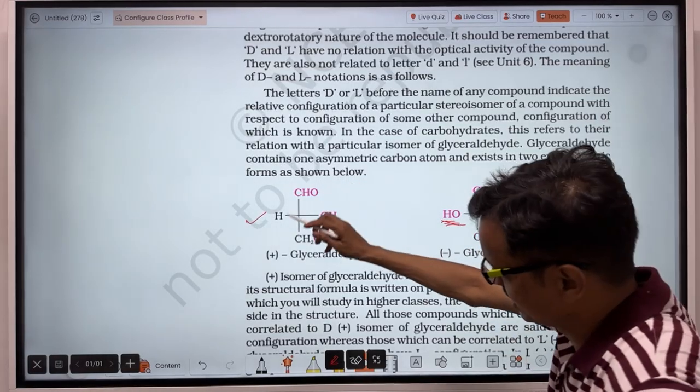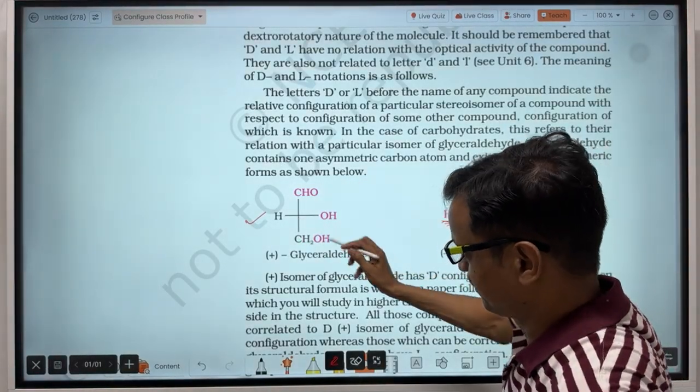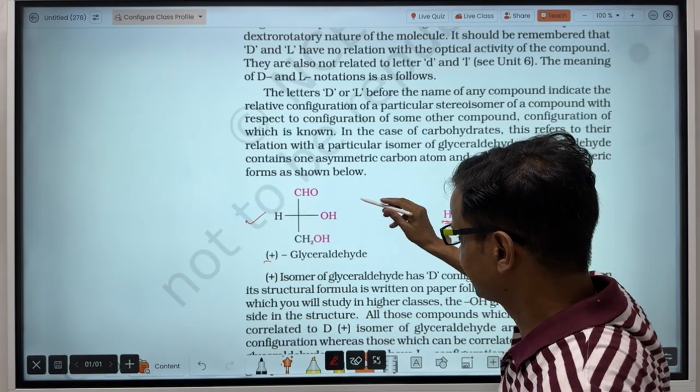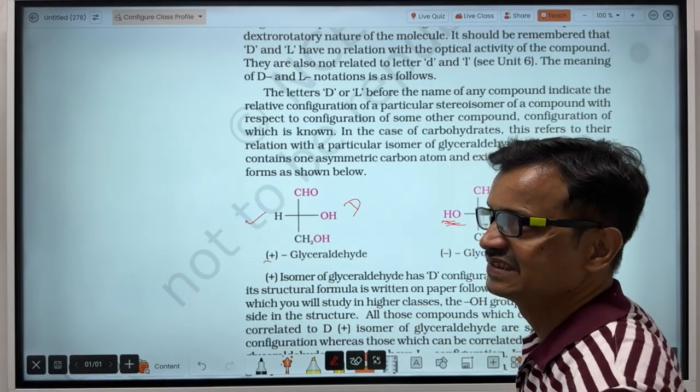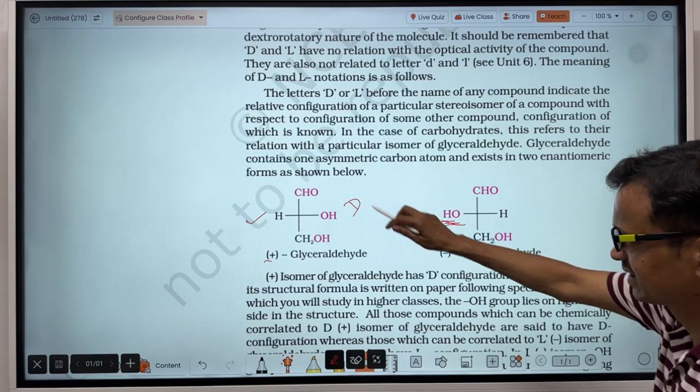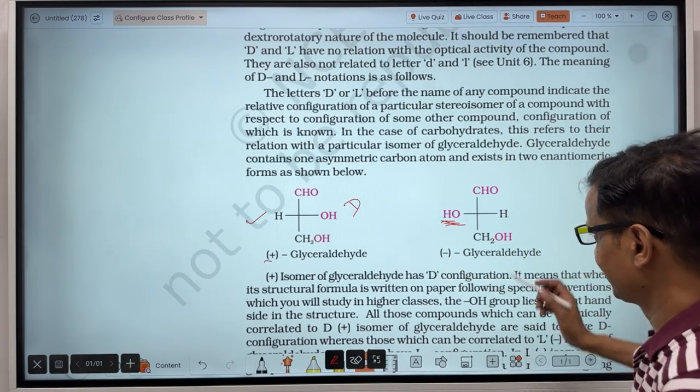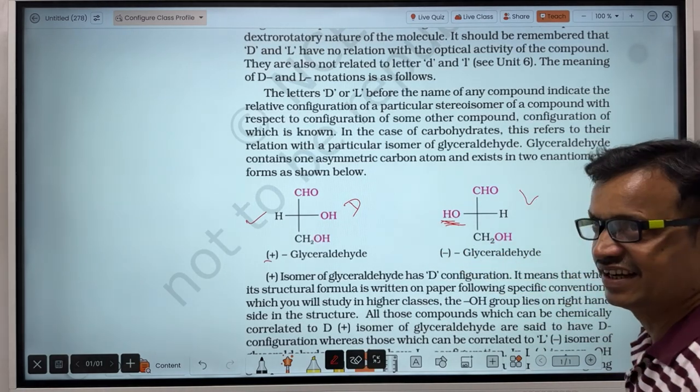When this configuration is drawn, the dextrorotatory compound is capital D, and for levo it is capital L.